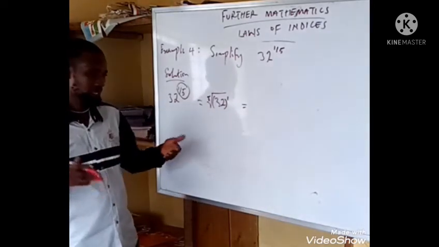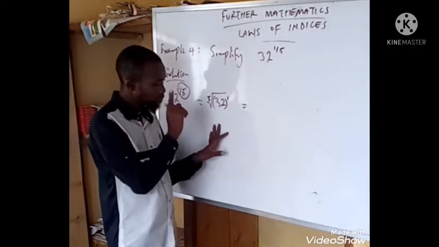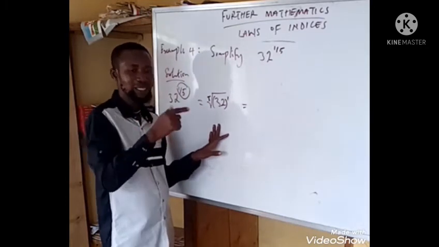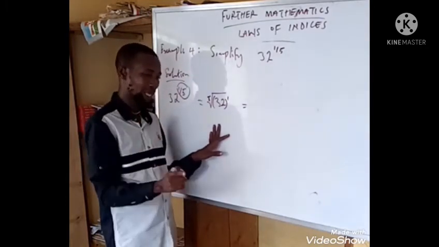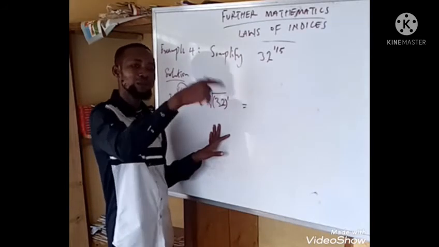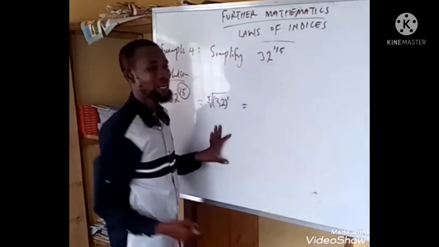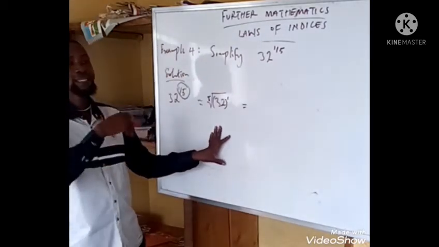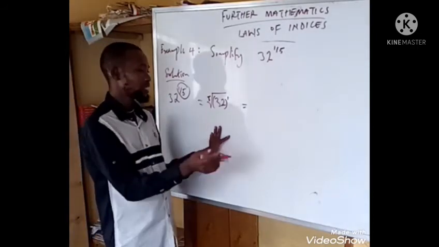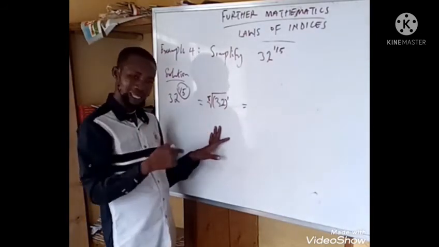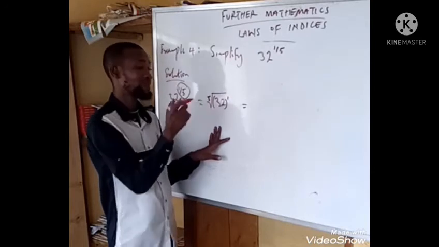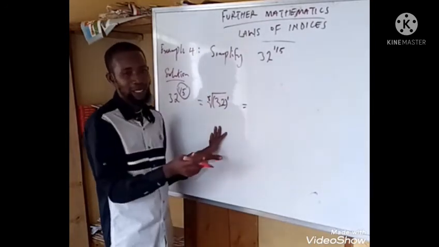So one may have to start from 1. Remember the word repeated: we mean we keep multiplying that number by itself. When we multiply it a certain number of times, it's going to give this value. But the certain number of times in this case is 5 times. So we are going to apply the trial and error method.